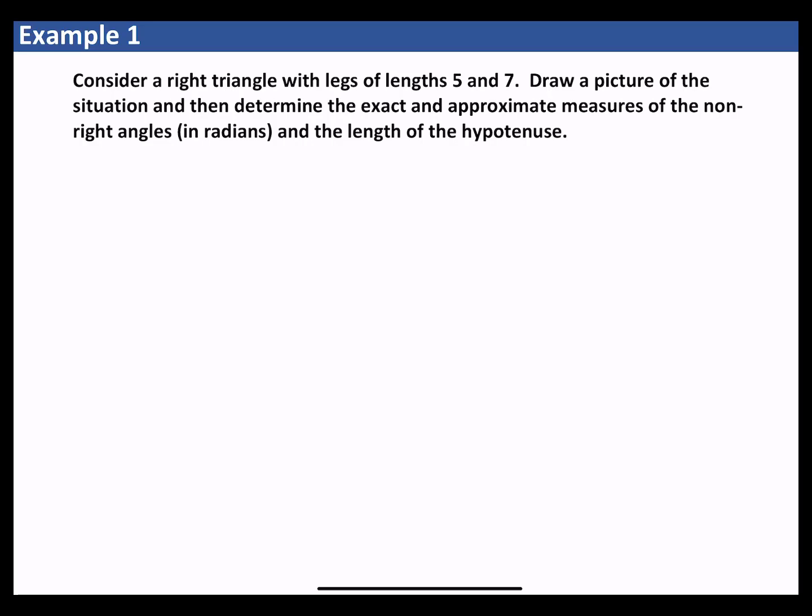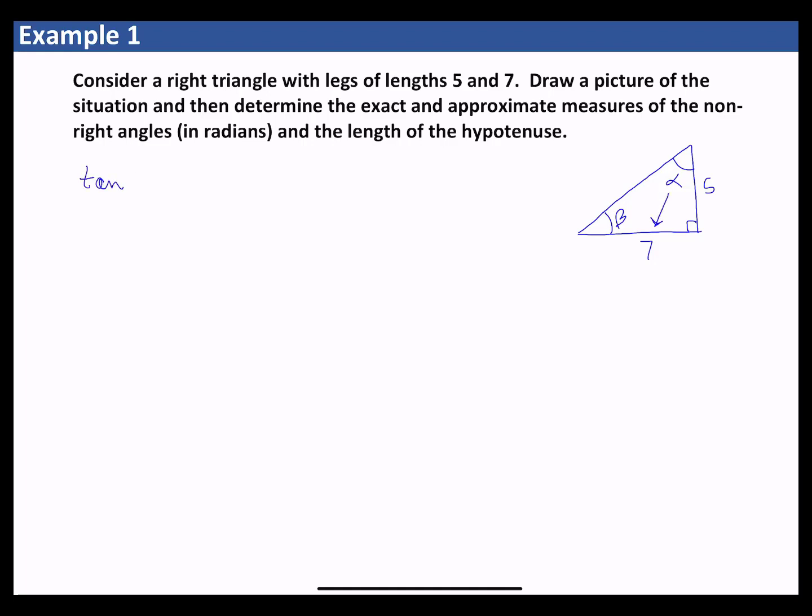Okay, so we're going to go ahead and draw a triangle here whose legs are 5 and 7. I think my vertical leg looks a little smaller, so we'll label that 5. I'm going to go ahead and label this top angle alpha and this lower angle beta. So if we wanted to find angle alpha, we have the opposite side and the adjacent side.